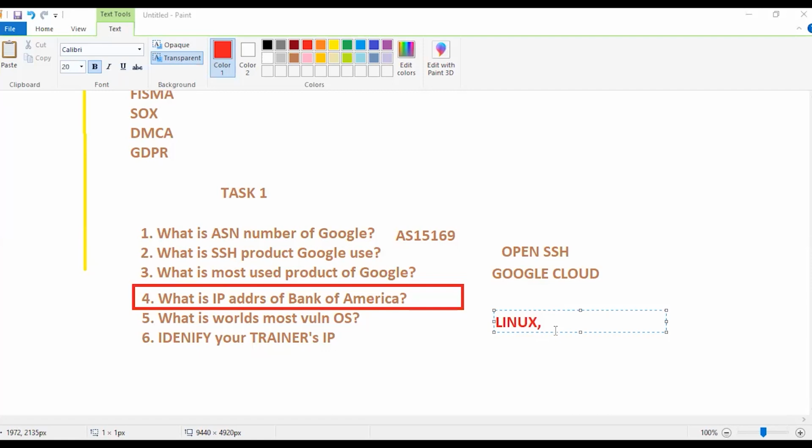In Linux there are multiple families, multiple family trees, where some are vulnerable and some are the most secure. The most vulnerable Linux operating system is Metasploitable. It acts as a server. And the safest and most secure one, you're going to find it.